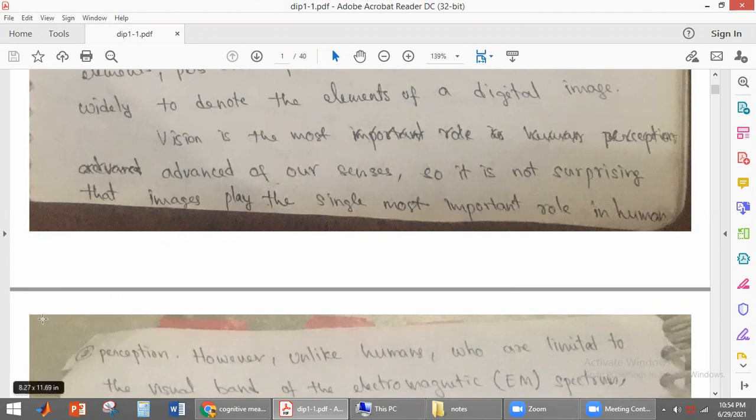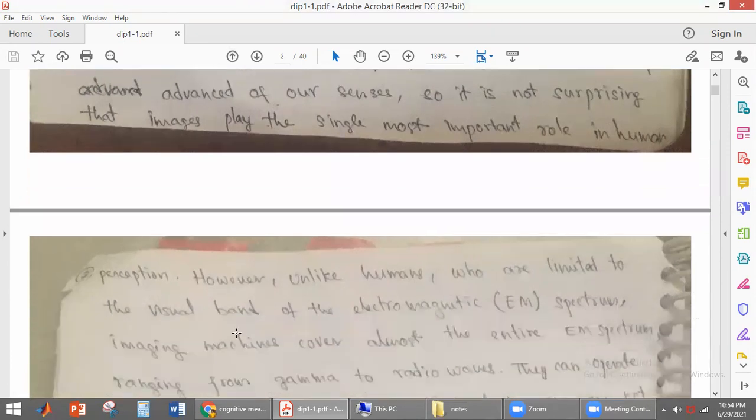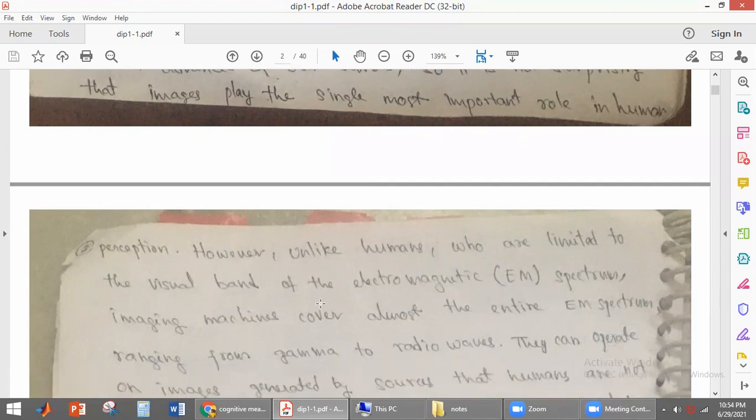Human vision is limited to only the visual band of the electromagnetic spectrum.